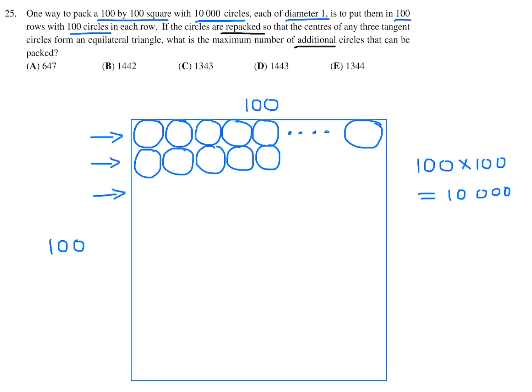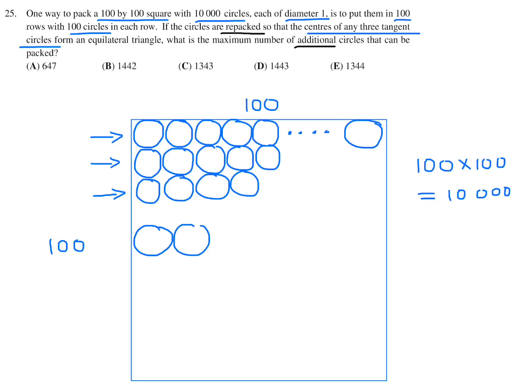Now they're saying they're going to repack these so that the centers of any 3 tangent circles form an equilateral triangle. So that means that this scenario is going to happen. Instead of you drawing circles like this, which are essentially right on top of each other, you're going to draw circles of this nature.